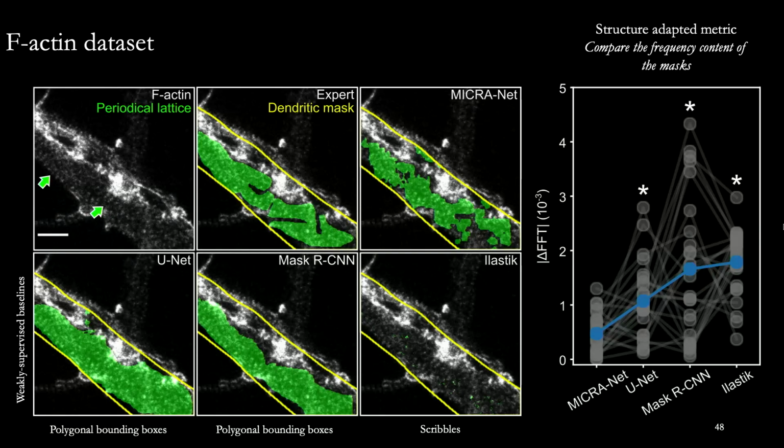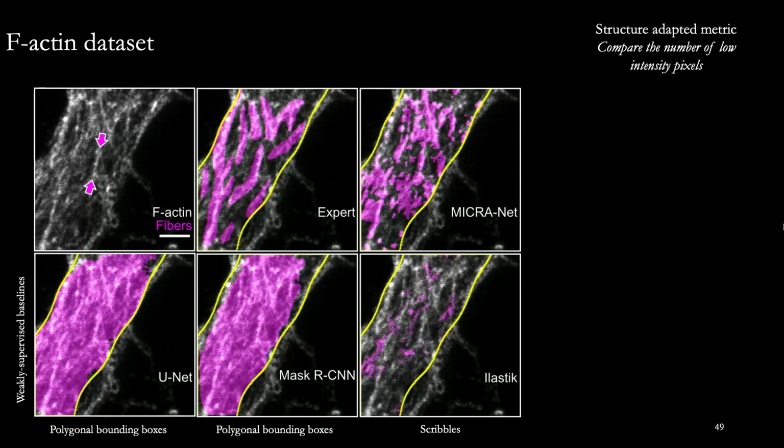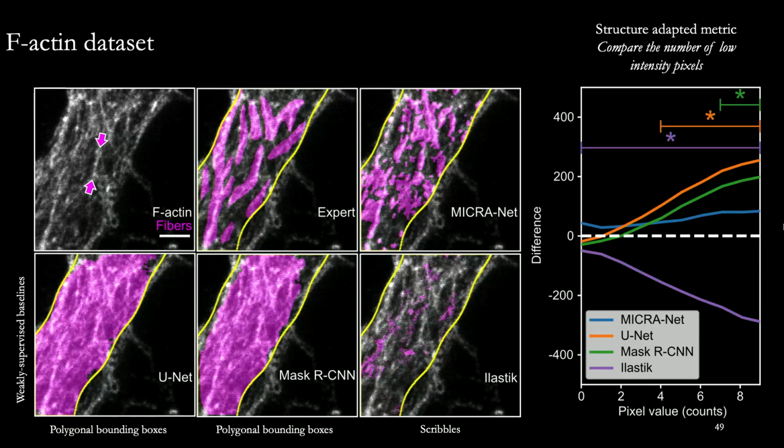Actually, in frequency space, it was the method that was able to capture with the highest precision the presence of the actin rings in comparison to the expert labels. And we could do exactly the same for the F-actin fibers, and what we could see is that MicroNet would really learn to detect single fibers that we could use for further analysis.